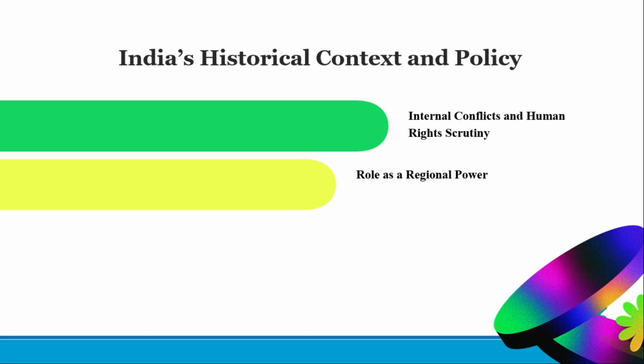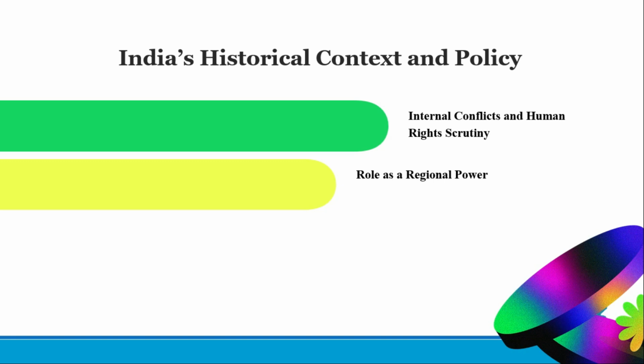So these are the main criteria, and there is also the historical context and policy on internal conflicts and human rights scrutiny. India's handling of internal issues such as Kashmir or northeastern India has drawn international criticism, and ratifying a CAH treaty would definitely expose India to external scrutiny over alleged human rights abuses in those regions. There is also the role of a regional power.